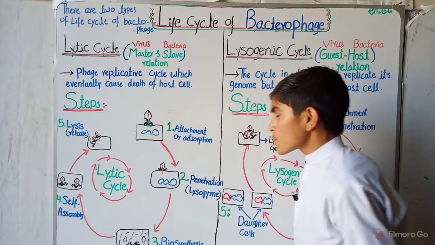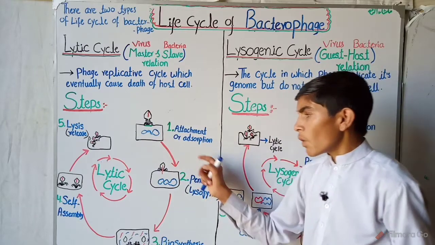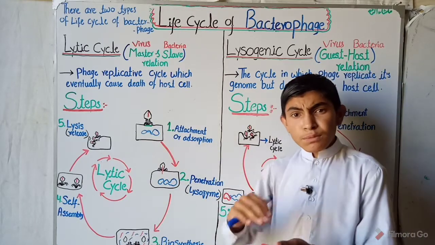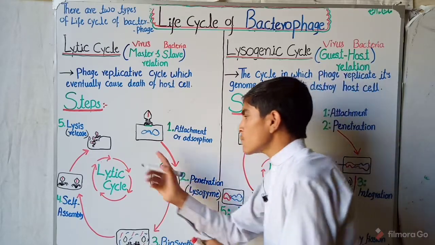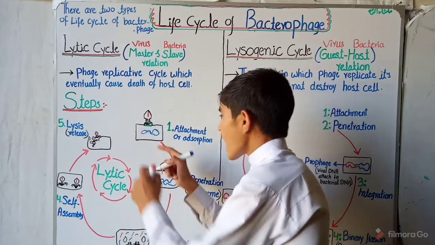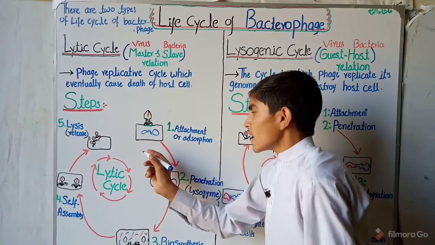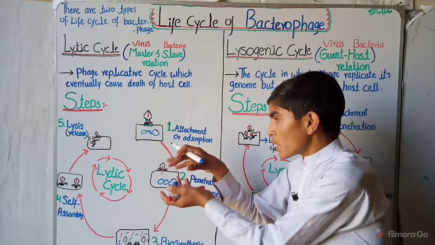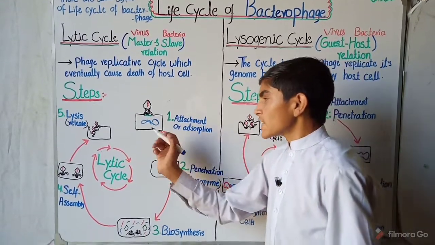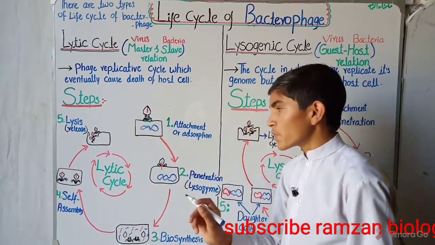Talking about the steps, the first step is the attachment or adsorption. Attachment means when something is attached to another thing. So here this is the bacterial cell, and this is the viral cell. At this time the virus attaches itself to the bacterial cell, and this attachment is done with the help of some proteins.